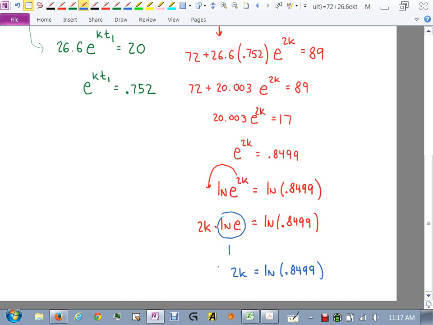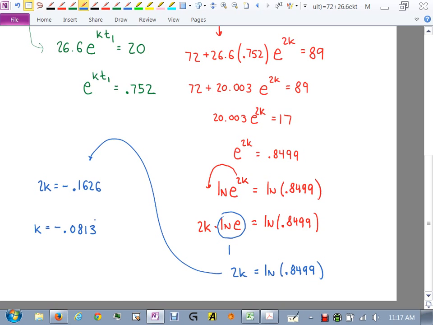Yep. So we have 2k equals negative 0.1626. Finally, divide by 2. And k is equal to negative 0.0813.